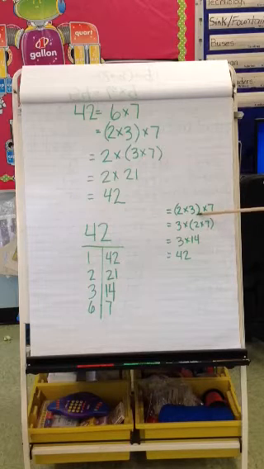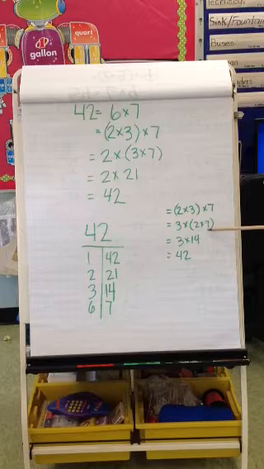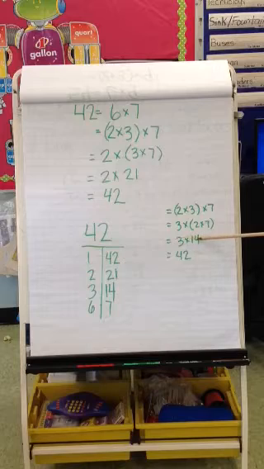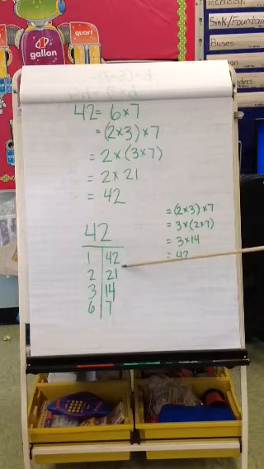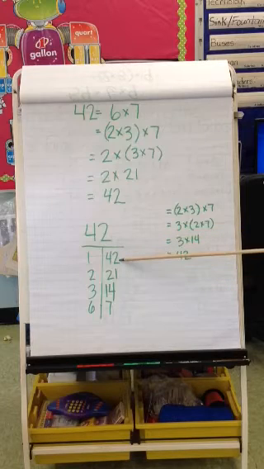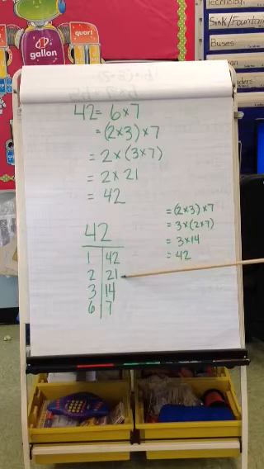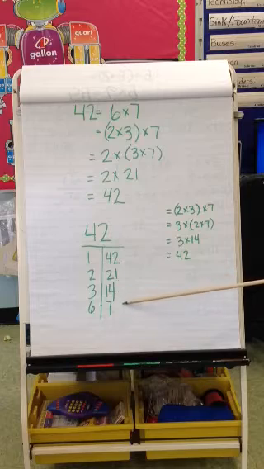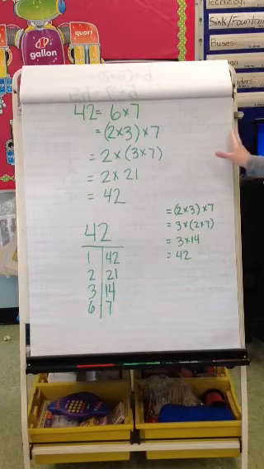I can rewrite 6 again, and I can move the order of my numbers around and group the 2 with the 7. 2 times 7 is 14. Therefore, I have 3 times 14. Well, 3 times 14 is 42. So my factor pairs for 42 are 1 and 42, 2 times 21, 3 times 14, and 6 times 7.